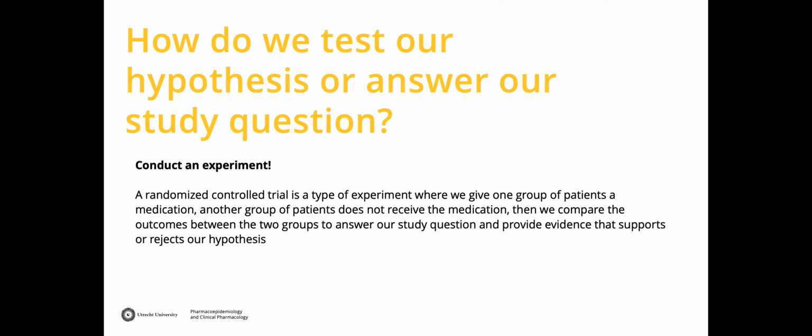So again, just summarizing why we conduct randomized controlled trials in the first place and what they're meant to answer. They're an experiment essentially, and they're just done in human beings. So that's just a general overview of hypotheses and research questions and some examples of RCTs related to rofecoxib.